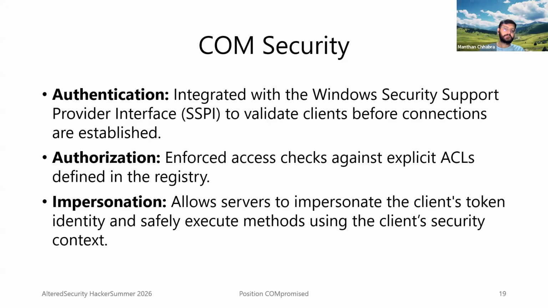Whenever the client requests an object, the COM runtime checks these ACLs to verify that the specific user identity holds the permissions to launch this COM object or invoke a method using it. If an ACL check fails, the runtime simply denies the user from interacting with the COM object. Simple as that.